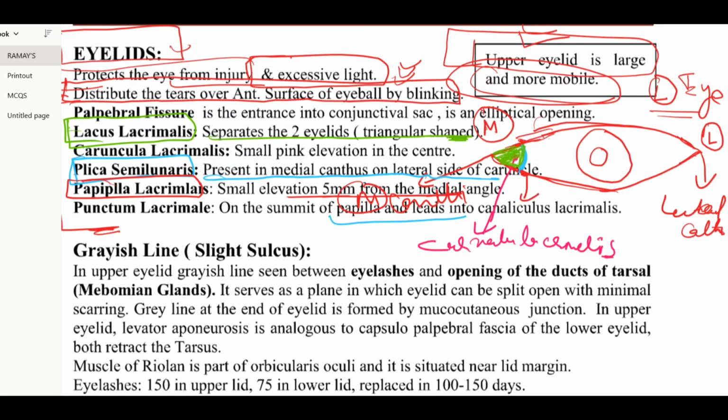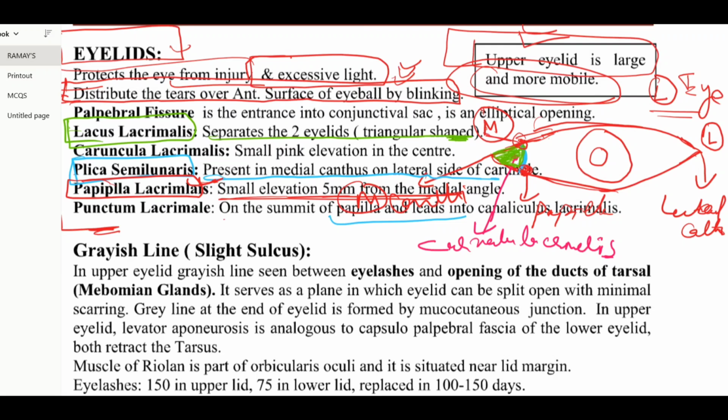This is known as the papilla lacrimalis. Okay, papilla lacrimalis. And a hole is present on the summit of the papilla lacrimalis. This is known as the punctum, or we can say the lacrimal punctum.